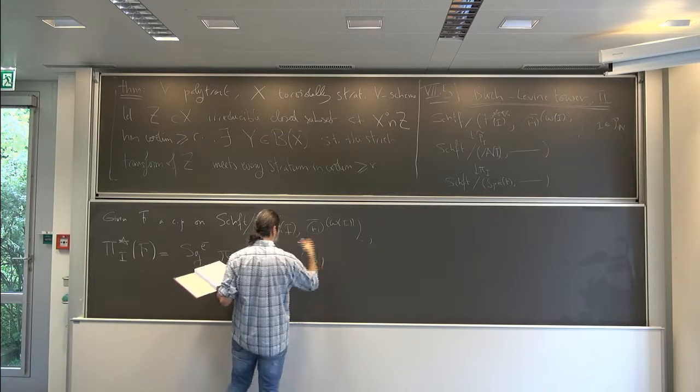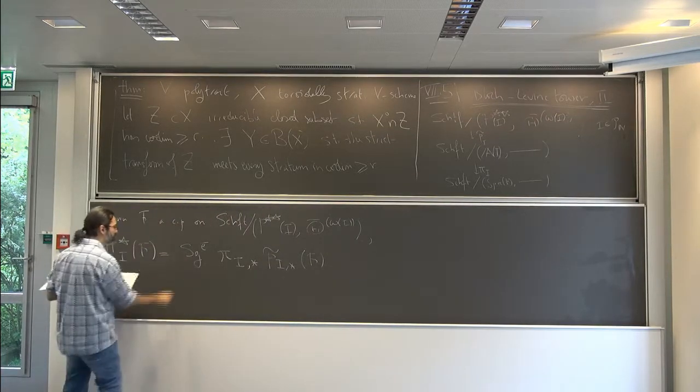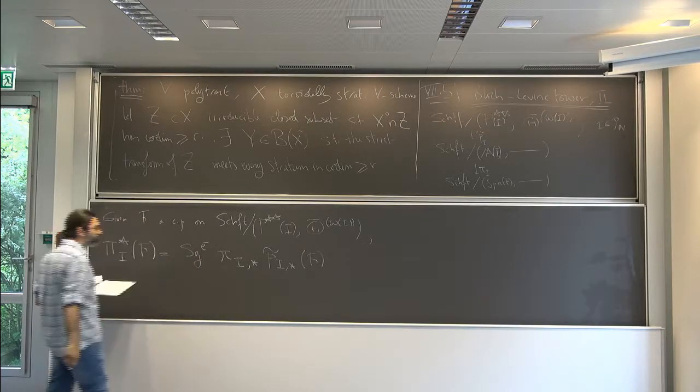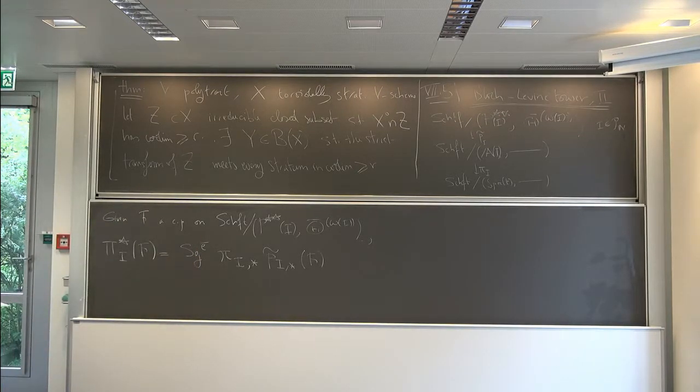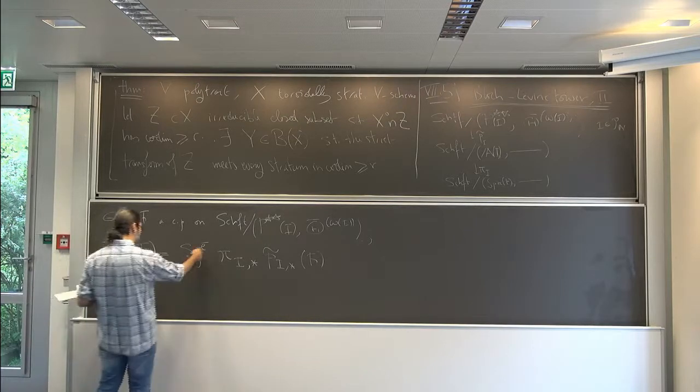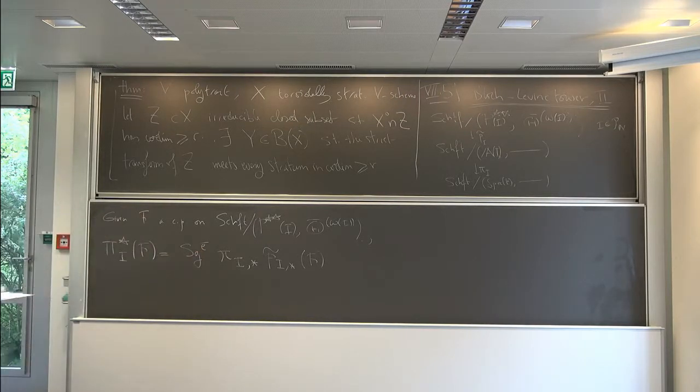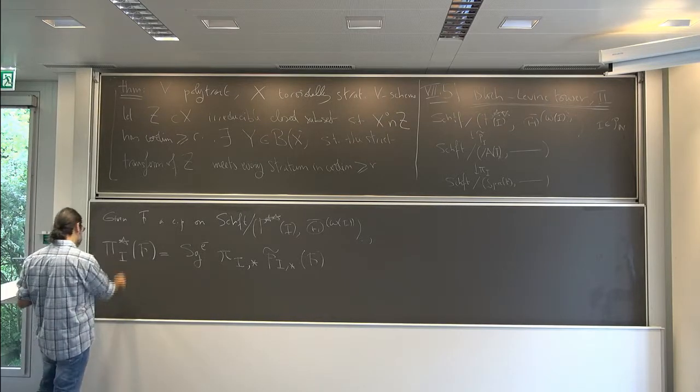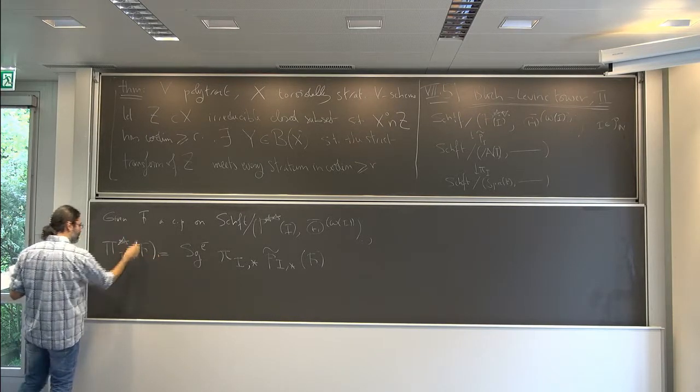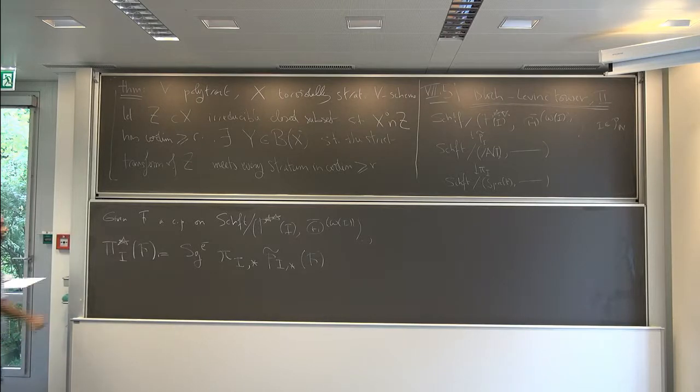It's just taking two direct images and then applying this singular complex, which, remember, is responsible for this E bar localization. So this construction will be denoted by P upper star I.